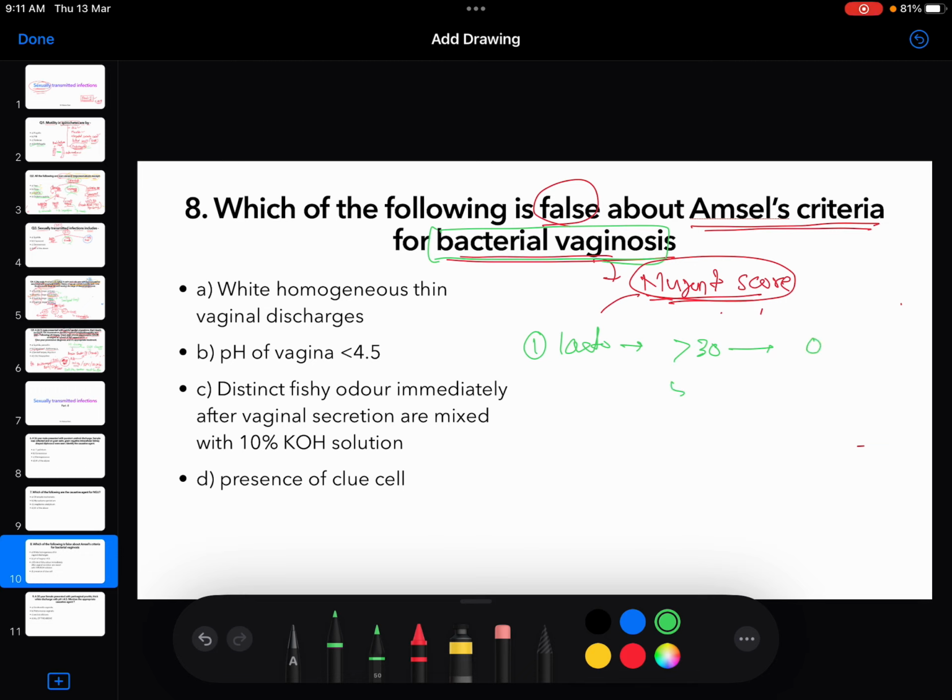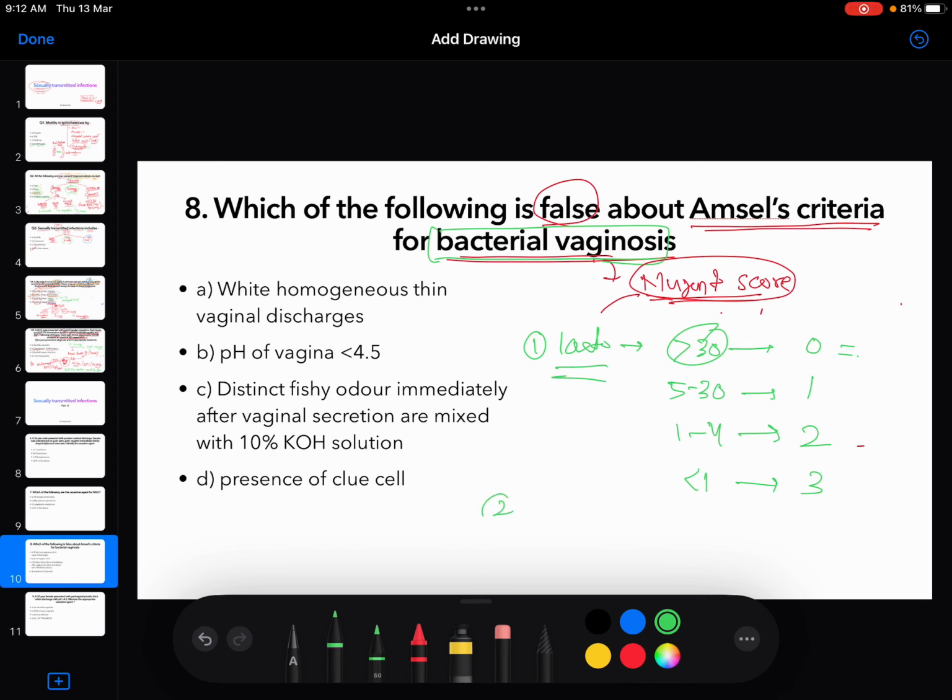If the count is 5 to 30, then the score is 1. If the count is 1 to 4, then the score is 2. If less than 1 or 0, the score is 3. That is, the more the number, the less is the Nugent score for lactobacillus.